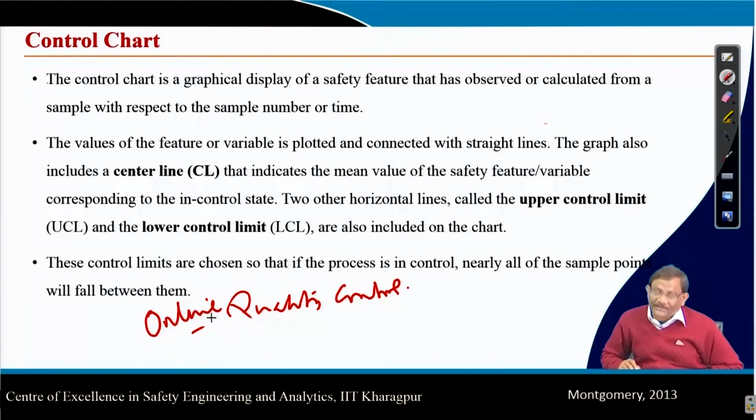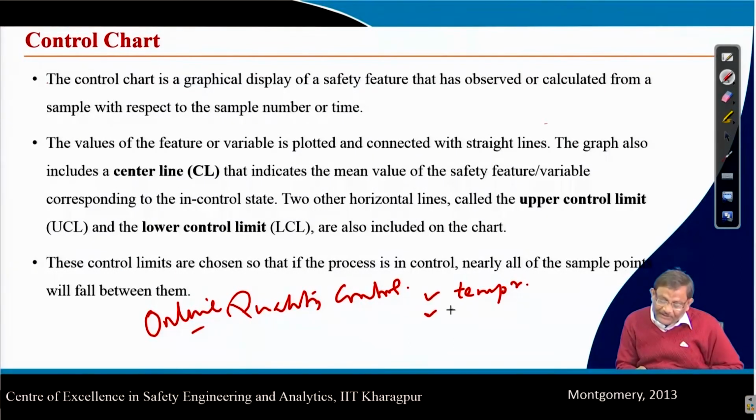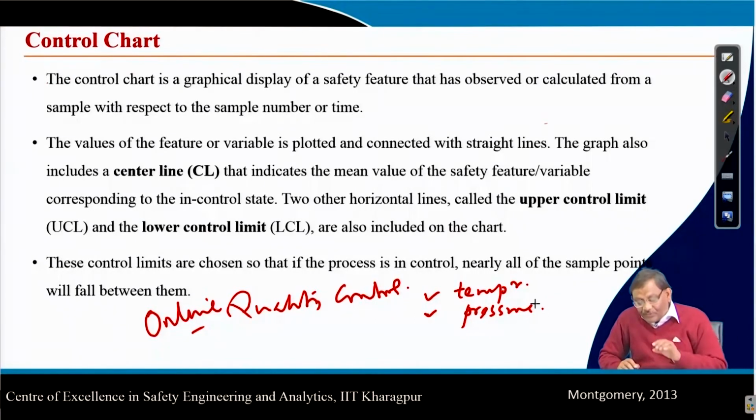Suppose in the process there are two variables, one is temperature, another one, suppose, pressure. These two are critical variables for the process. Many chemical processes are like this, quality affected by temperature, pressure.